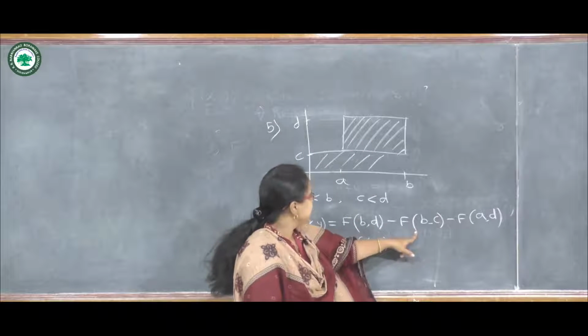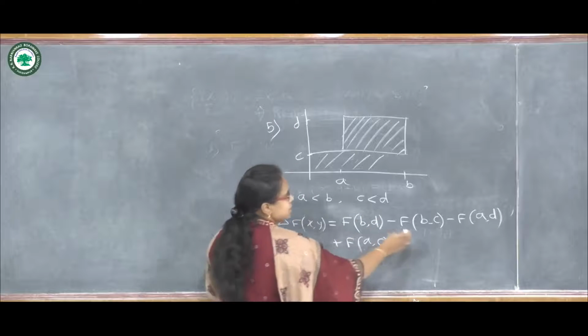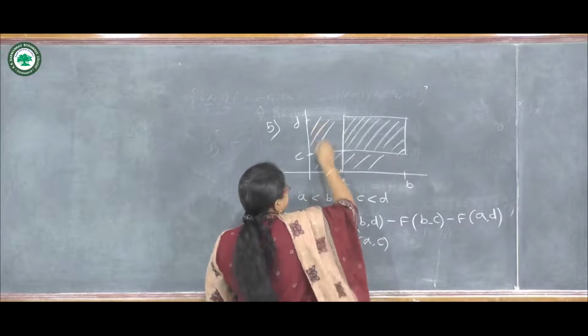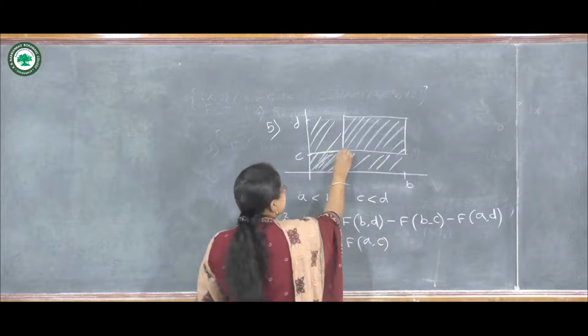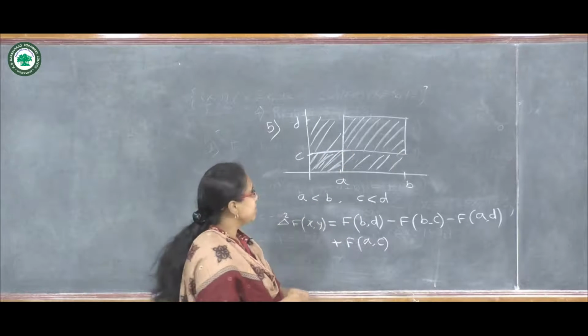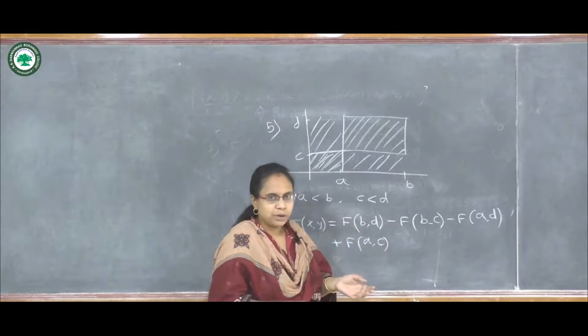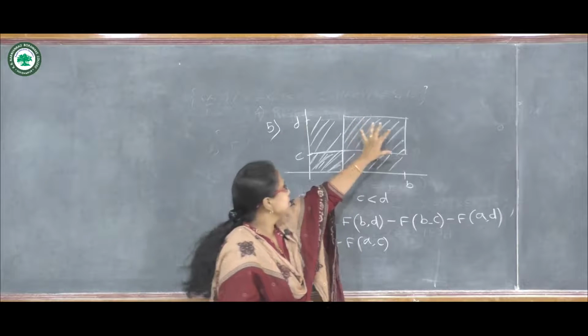At the next step we are going to subtract a d, meaning this area. So we can see that this area is subtracted 2 times, that's why we will add it once. So F of a c will give us the final area, meaning our interested area.